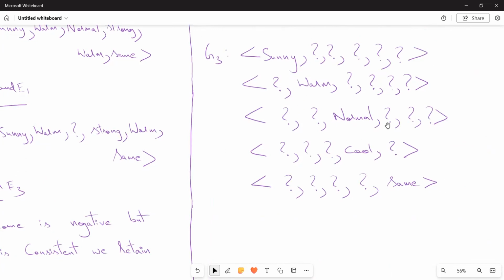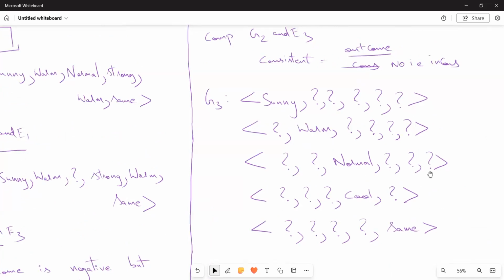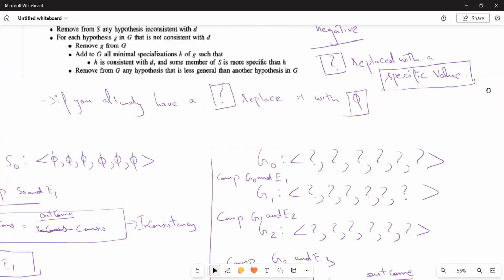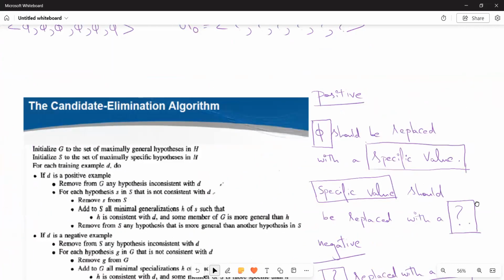These are all consistent. But when you look at your normal and cool, what was your second attribute here? Warm. So we have to check with it.